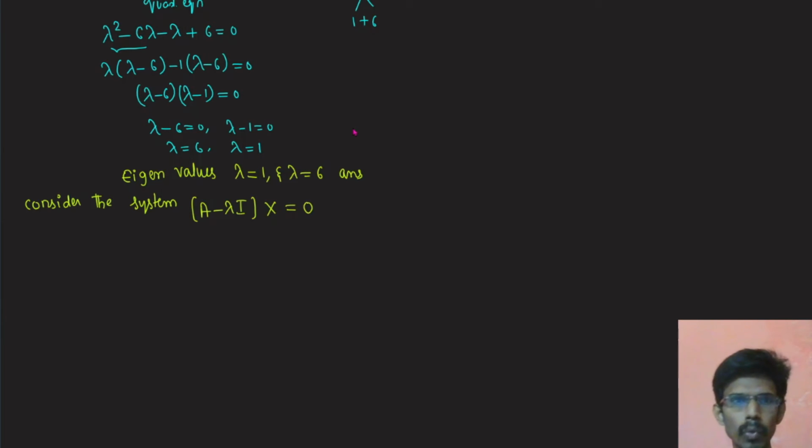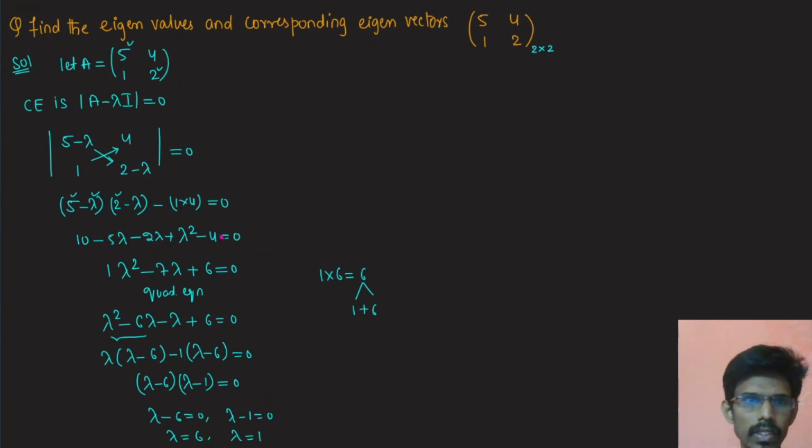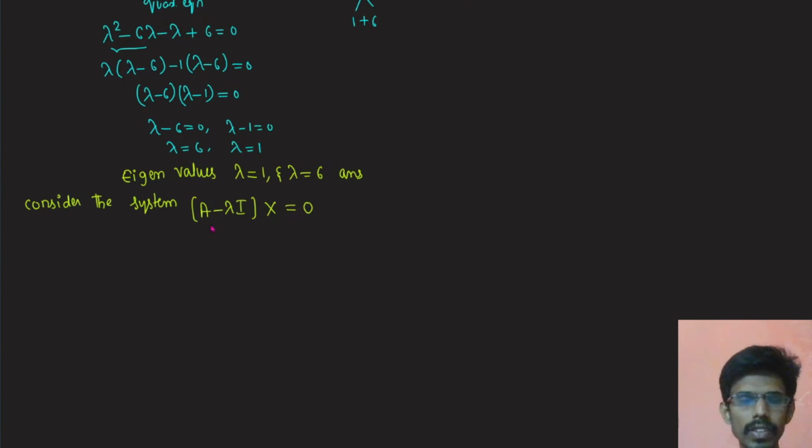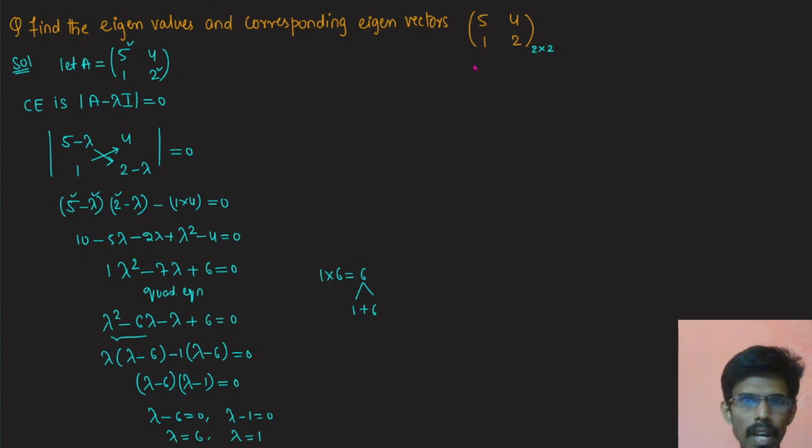Consider this system to get eigenvectors. Now A minus lambda I we want. How to get this A minus lambda I? Just subtract lambda from the diagonal elements.